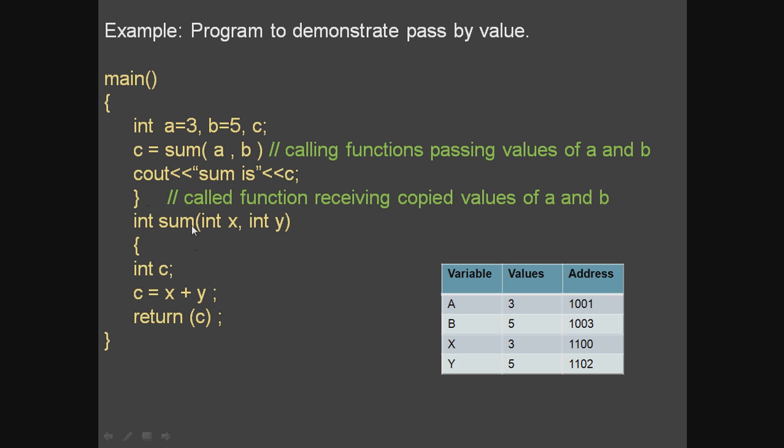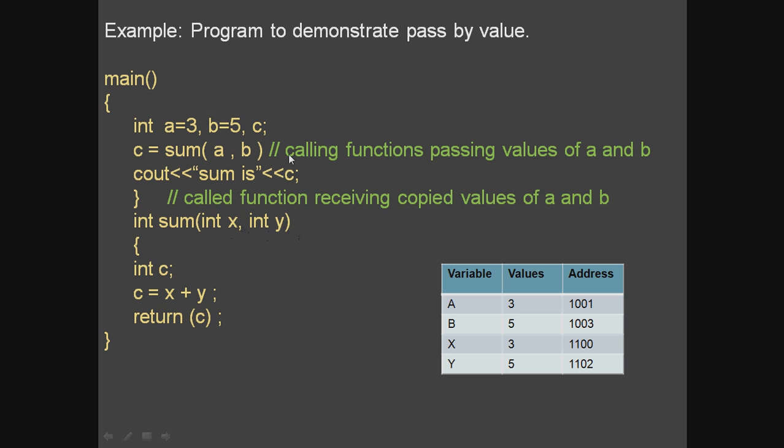So what the called function does is declare the two variables to be used in this program, and by declaring these variables it is able to receive the values that are passed by the calling function. These variables here are called formal parameters, or formal variables.